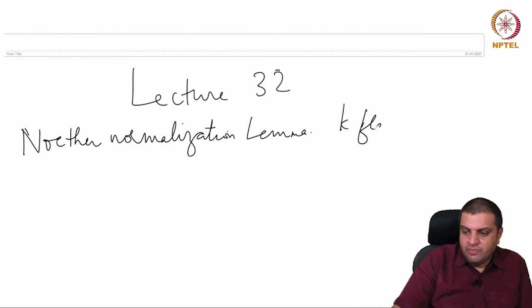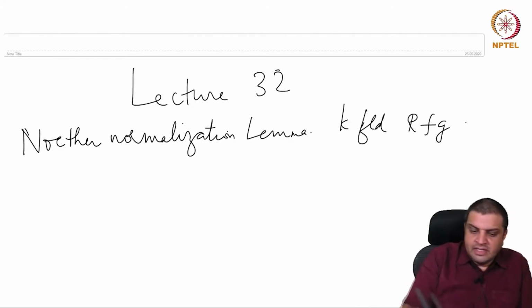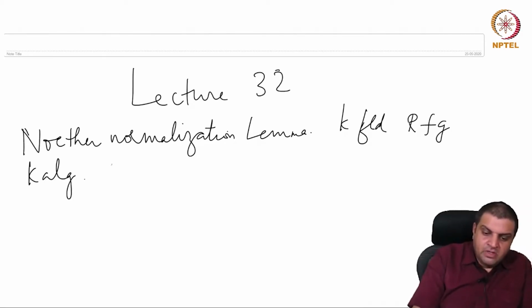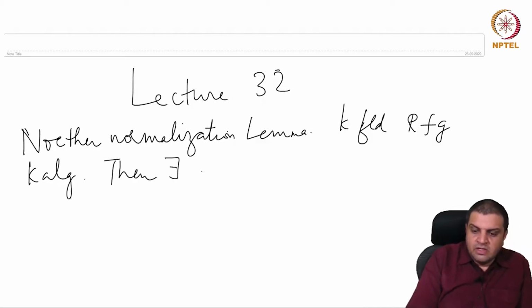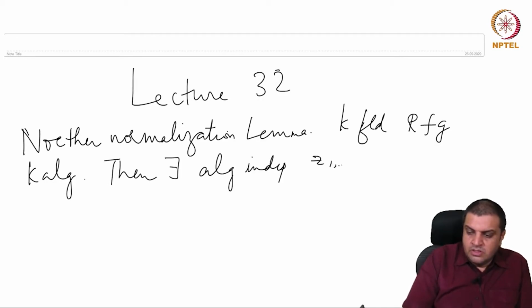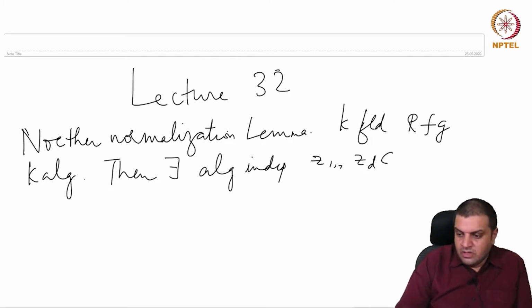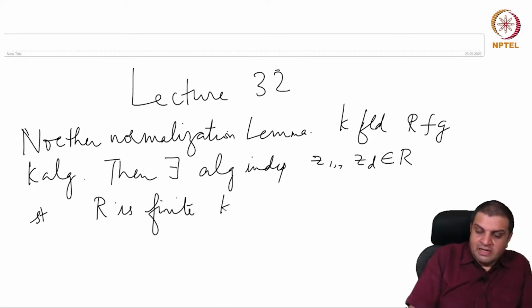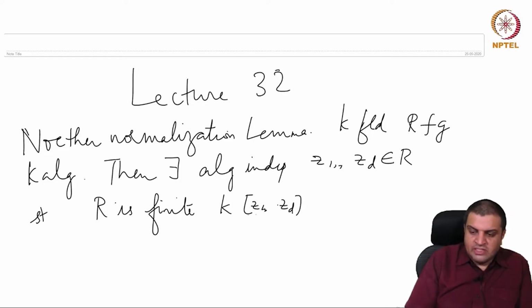If K is a field and R is a finitely generated K-algebra, or in other words a finite type K-algebra, then there exist algebraically independent Z1 through Zd inside R such that R is finite over the subalgebra K[Z1 through Zd]. So this is a polynomial ring, or isomorphic to a polynomial ring, and R over this is finite.